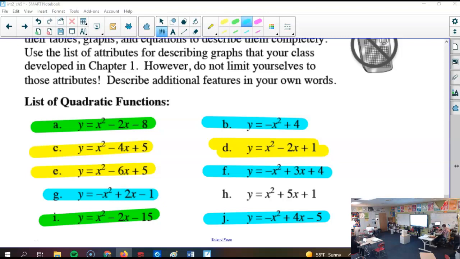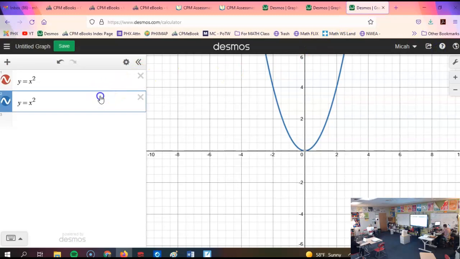Why is that interesting? So remember, instead of difference of squares, we have a perfect square.